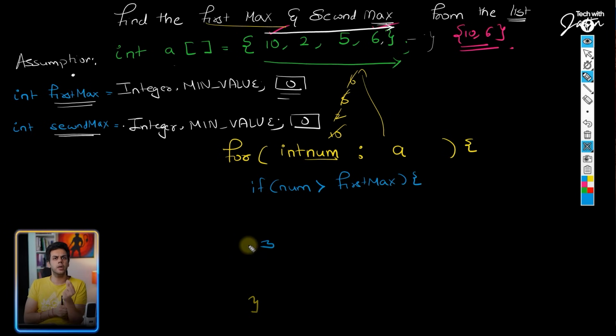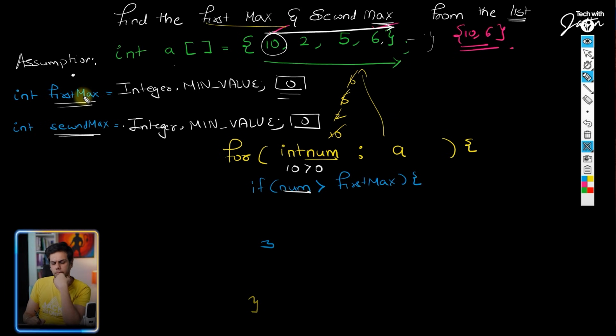We are assuming first max is 0 right now. So number is what? 10, right? The first element I'm going to get, 10, is greater than 0. Condition is true. I got a number which is greater than first max.